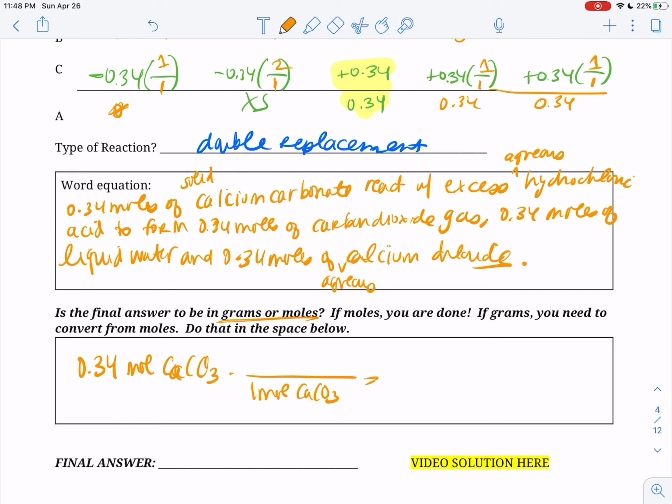So remember, if you know how to do it and you want to look it up, that's fine. Just make sure that you actually know how to do it. Okay, 100.09 grams of calcium carbonate. Okay, so 0.34 times 100.09 is 34.0 grams of calcium carbonate. So there goes my answer.